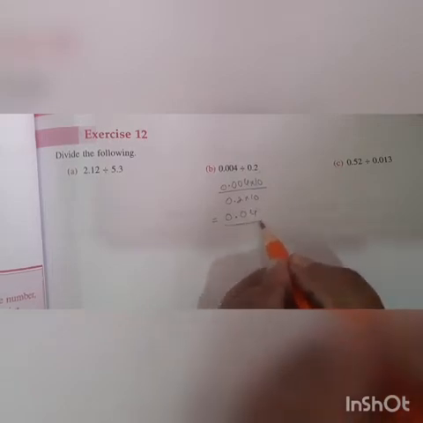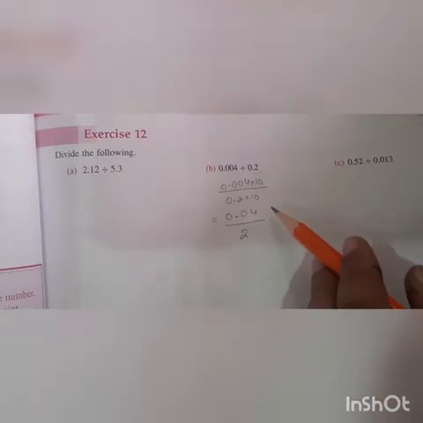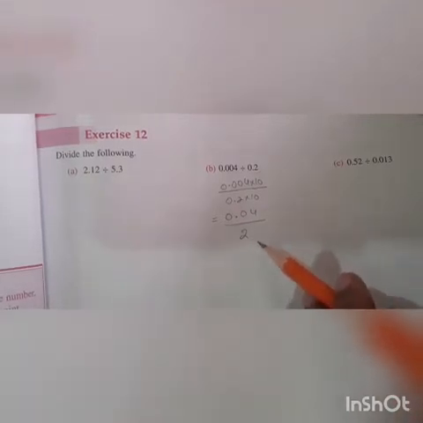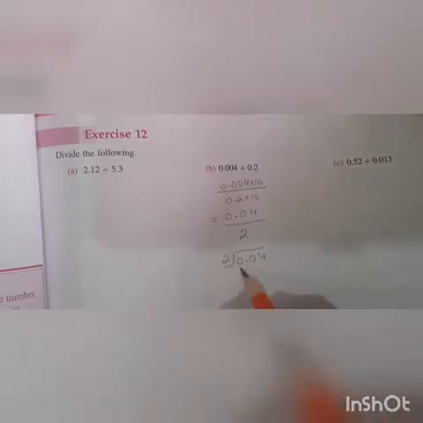0.04 upon 2. Now we have converted our divisor into a whole number. Now we can divide this. When we divide 0.04 by 2, as you can see in the whole number part we have 0, so we write 0 in the quotient and the decimal also in the quotient.